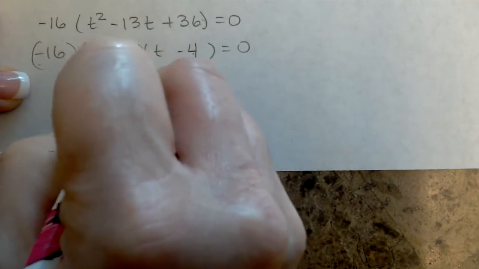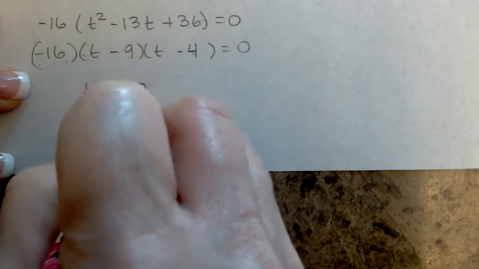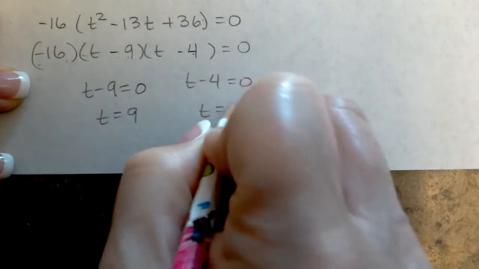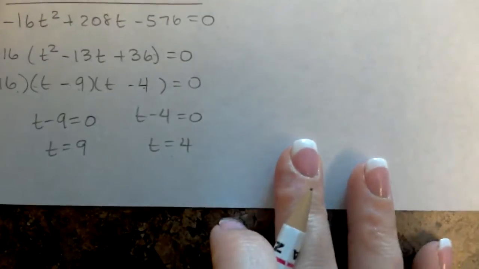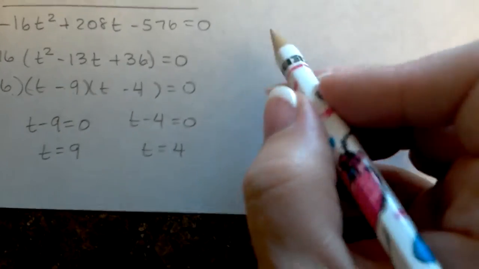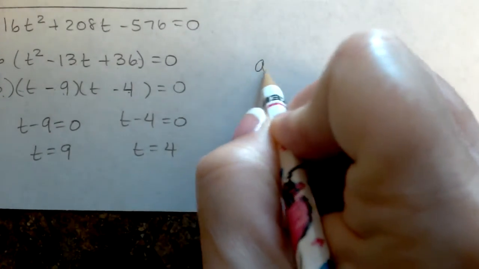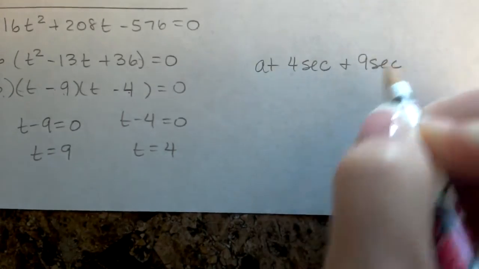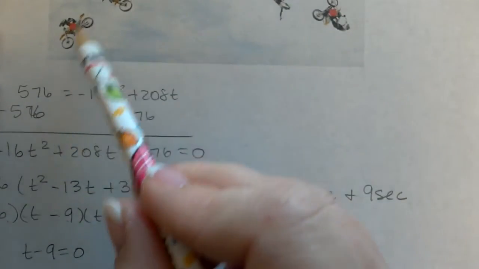So t minus 9 equals 0 makes t is 9. And t minus 4 equals 0 means that t is 4, because I added 4 to both sides and added 9 to both sides.